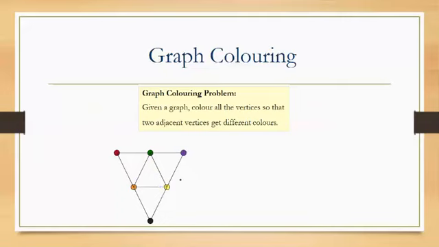But if I want to find the minimum number of colors, that is the chromatic number of this graph, we have to use the minimum number of colors. So I can take the first one as red, the second one as green, and this third one with some other color.